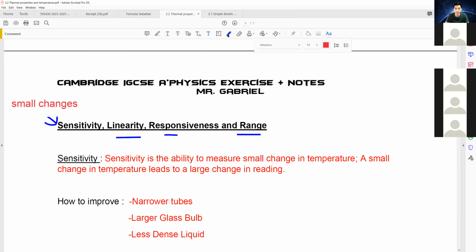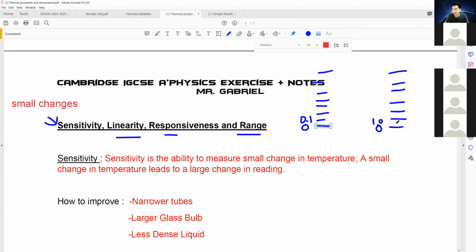For example, if I have good sensitivity, it will be something that can measure 0, 0.1, 0.2, 0.3, 0.4, all the way until it reaches 100 degrees Celsius. If I have poor sensitivity, my scale will be like 0, 10, 20, 30, 40, 50, and all the way until 100 here. So good sensitivity means it can measure super small changes. Poor sensitivity means it cannot measure small changes, right?